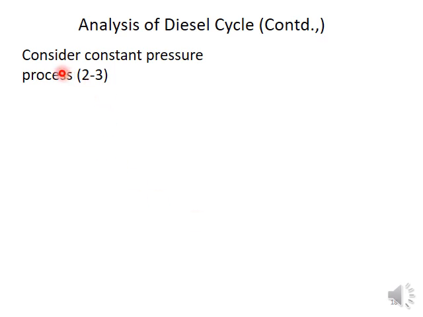Next, consider the constant pressure process 2 to 3. We know that 2 to 3 is the heat supply. We are supplying the heat at constant pressure. Here the pressure is constant, so P2 is equal to P3. Since PV is equal to mRT, if we keep the pressure constant, the volume is directly proportional to the temperature.